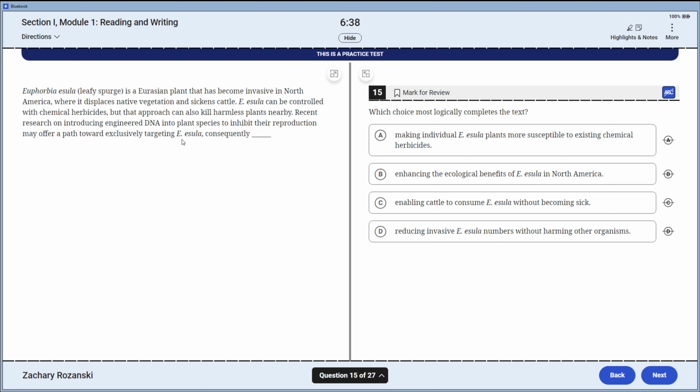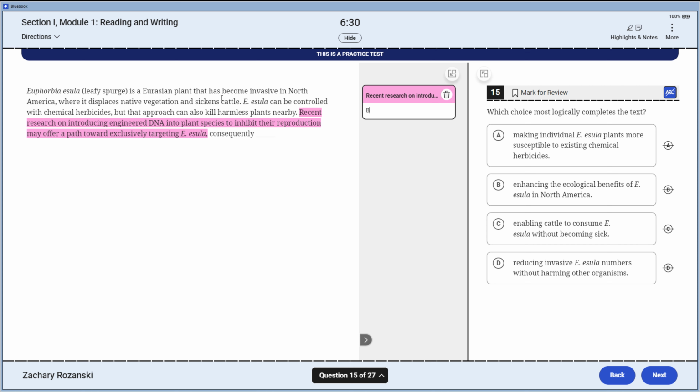And our final one of these questions, I can look to the consequently, and it's going to bounce it back one sentence and start developing it here. I will set up my framing: because nerds engineer the DNA of the plants to stop reproduction, or to limit is a better word, reproduction.